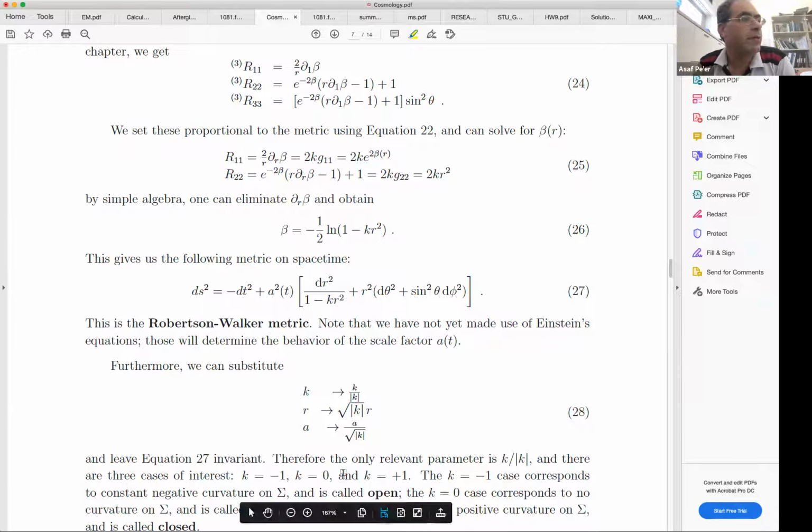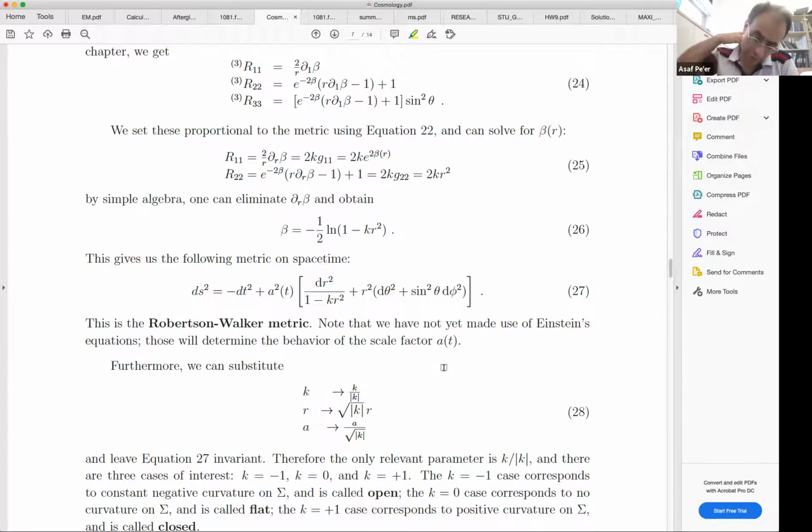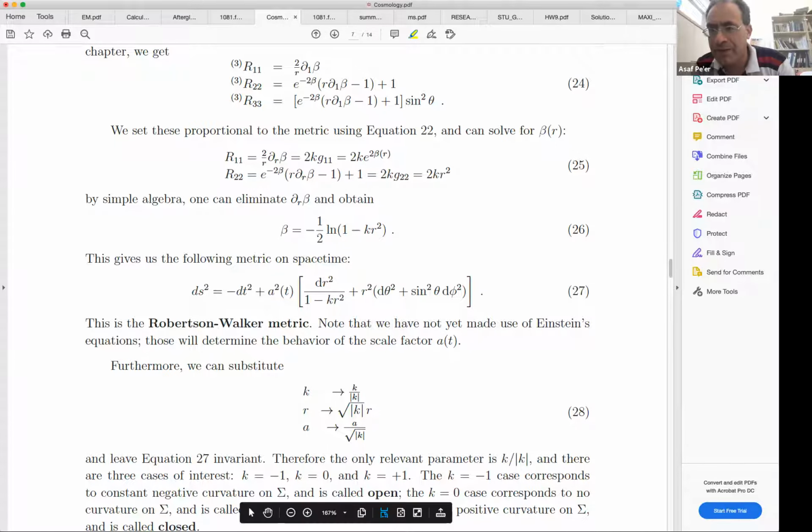And the k equal +1 is corresponding to what's called a positive constant curvature. And then such universe is called closed. Yeah. So these are the three types of universes that one can have in this Robertson Walker metric. Universe can be either flat, can be closed, or can be open.